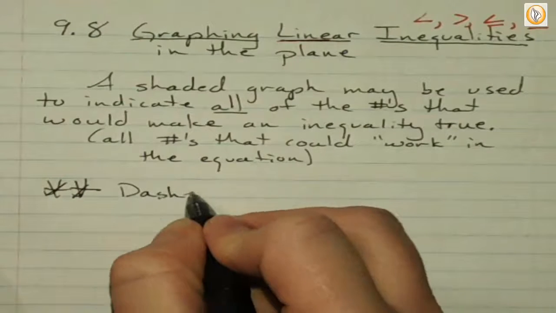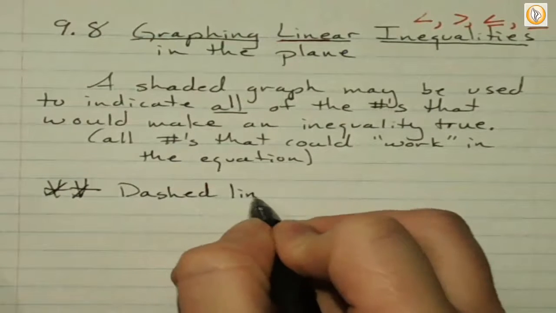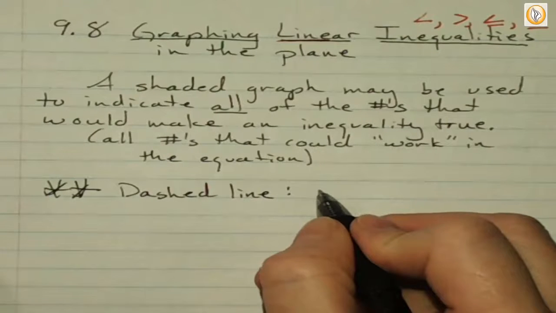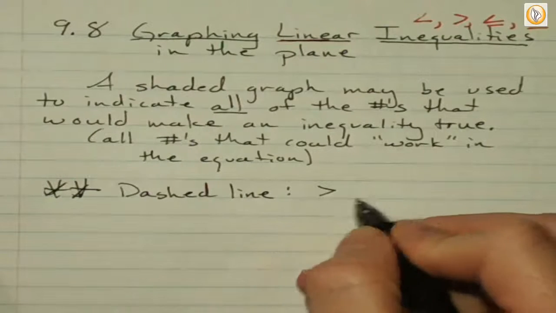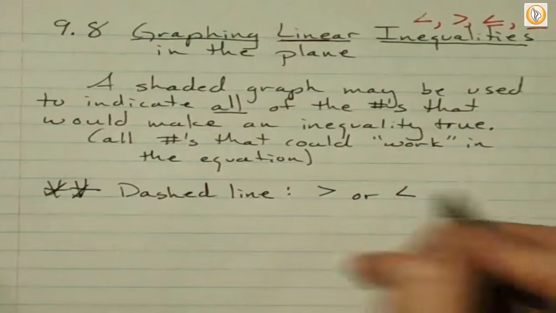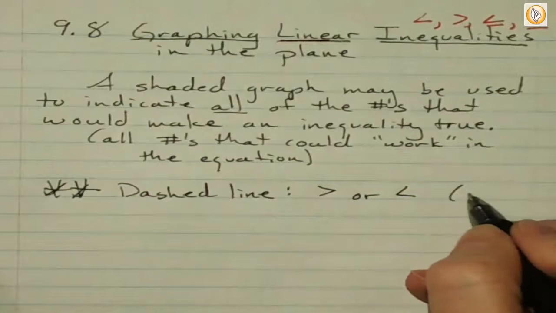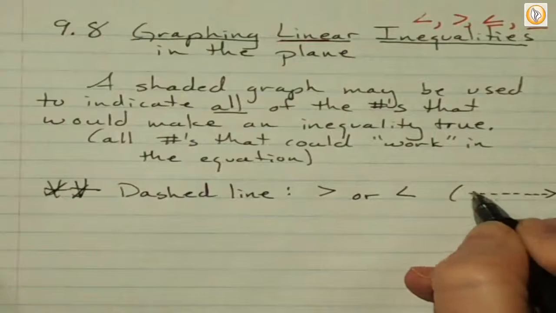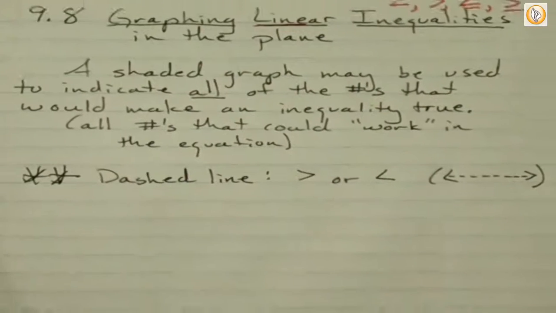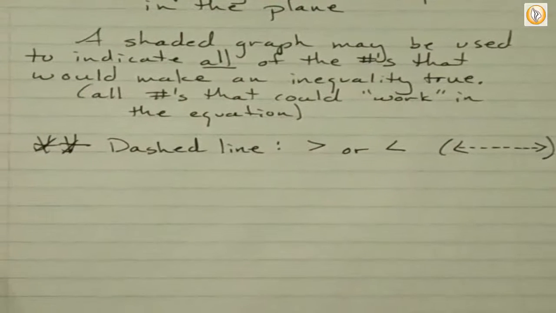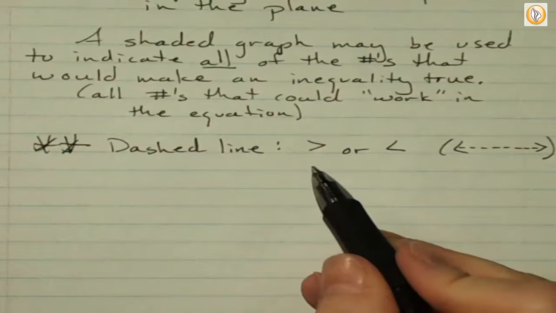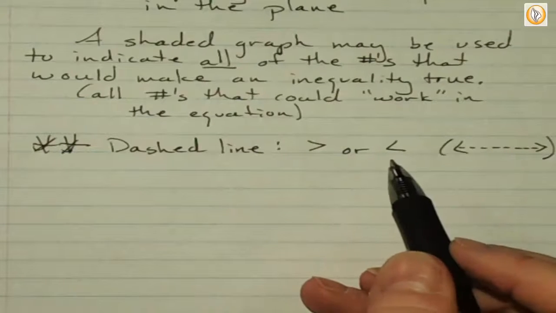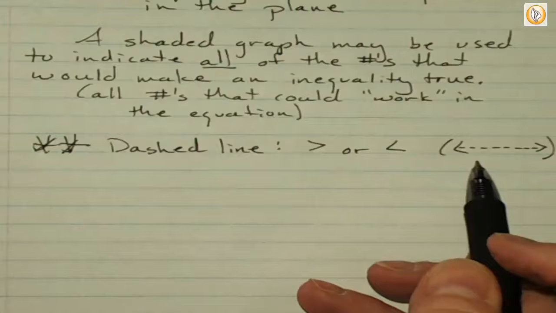If it's dashed, that means the inequality sign is either greater than or less than. That gives you a dashed line. So if your equation has greater than or less than, your line has to be dashed.